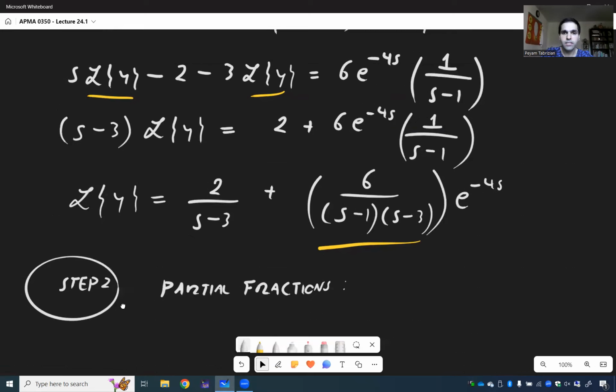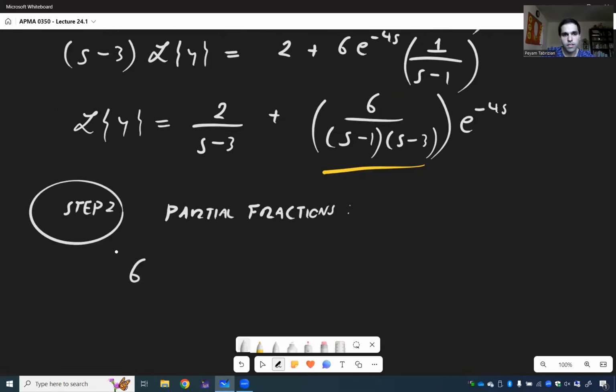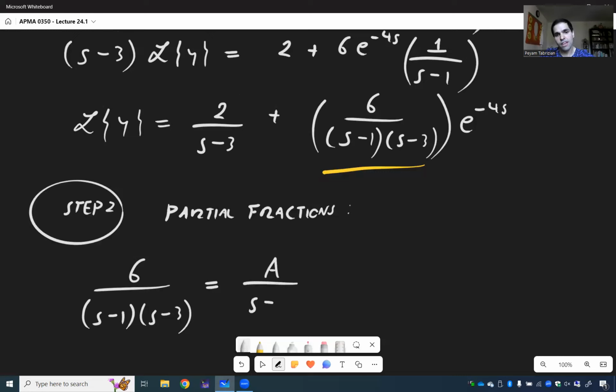So let's look at this. So 6 over s minus 1 times s minus 3. You split it up as A over s minus 1 plus B over s minus 3. And let me do this because I haven't done partial fractions in a while.